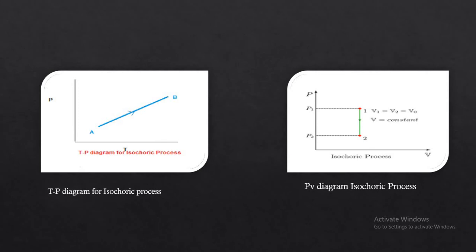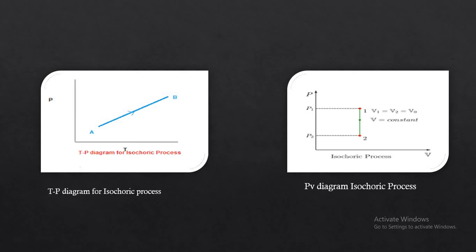Here we can see the PV diagram of the isochoric process. Once the pressure of the system increases, its temperature will also rise, while the volume remains constant. There is no work done by the gas. In the PV diagram we can see that the pressure of the system gradually increases due to the supply of heat.